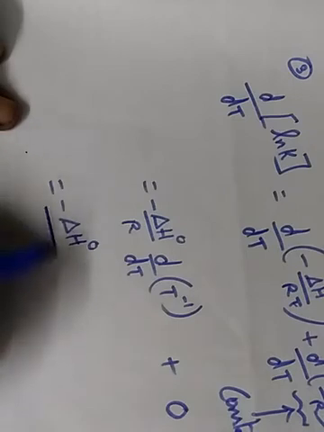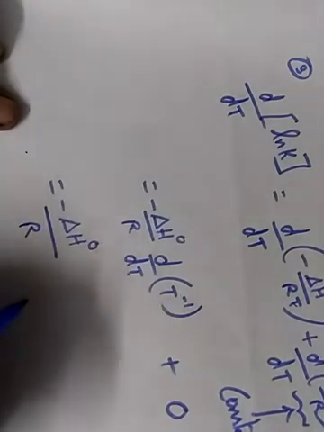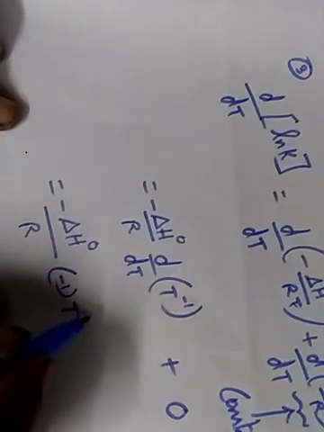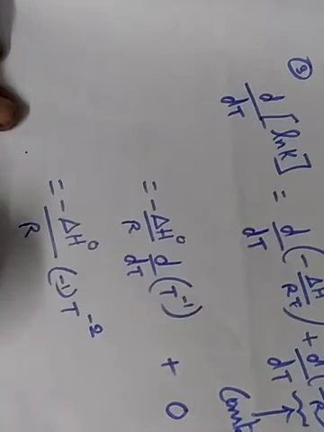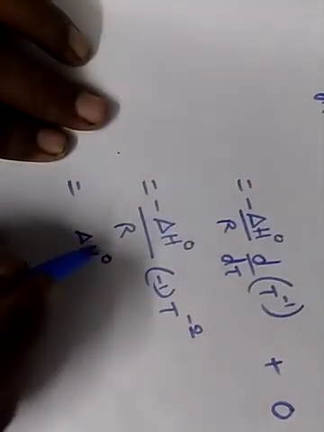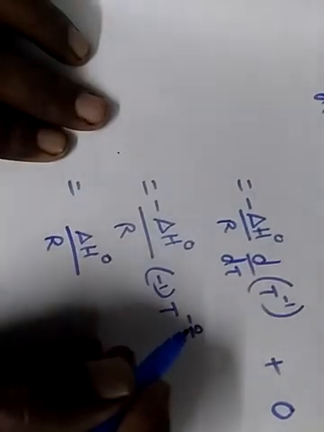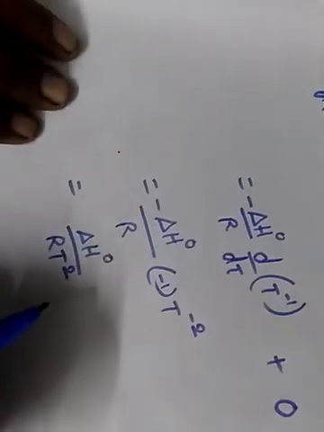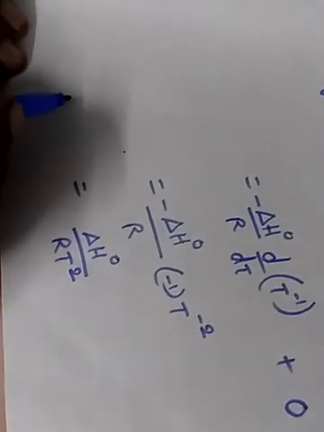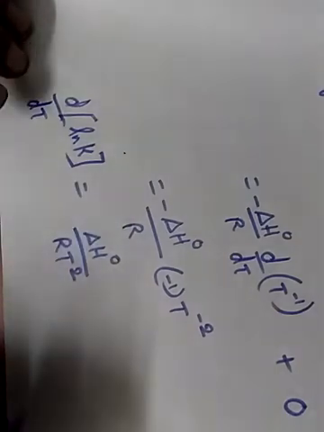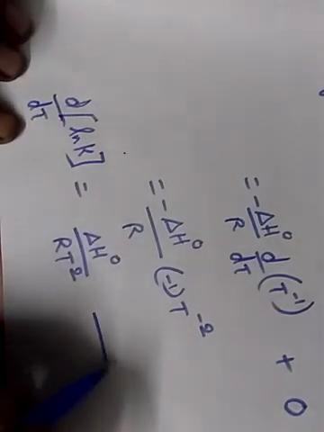Differentiation of T power minus 1 is minus 1 T power minus 1 minus 1, that is minus 2. So minus into minus is plus del H naught by R. Bring this T power minus 2 to the denominator, we have RT square. The left hand side is d by dT of ln K. So this is equation number 4.